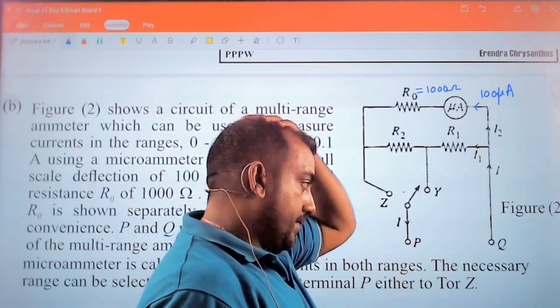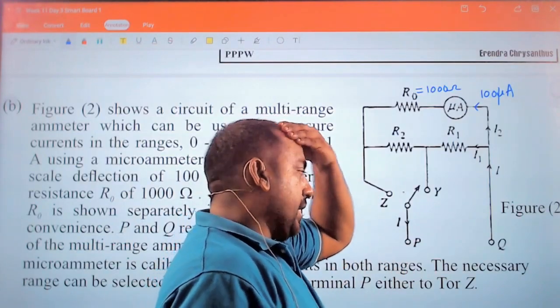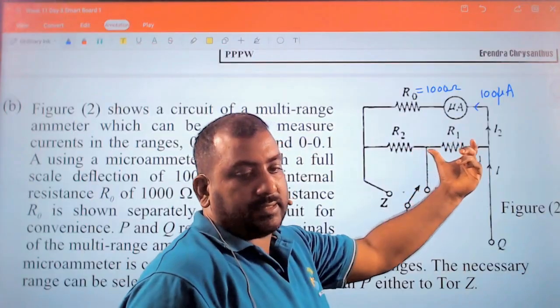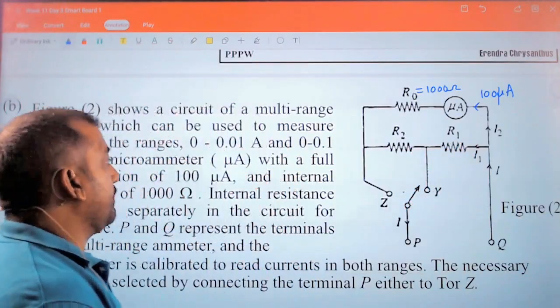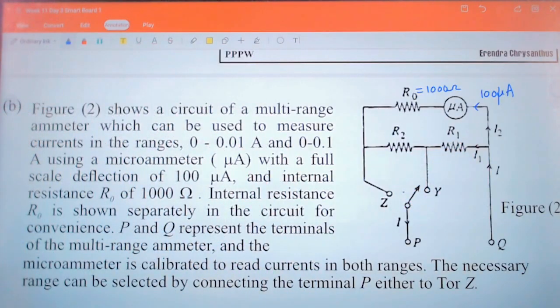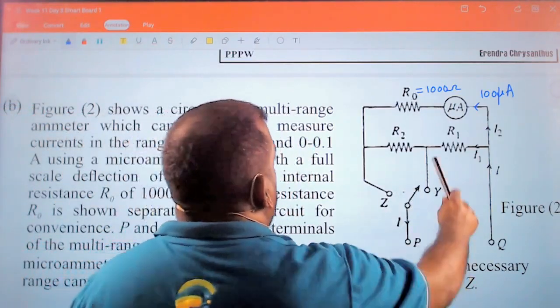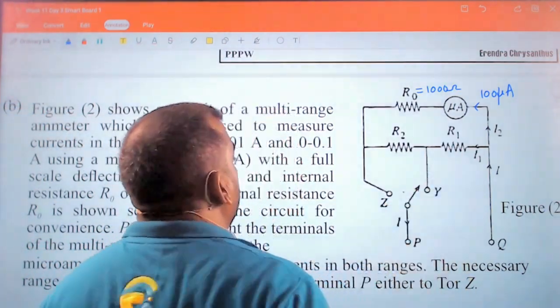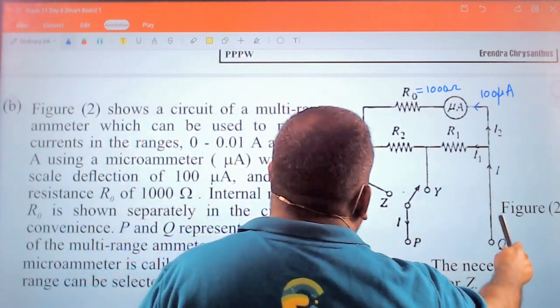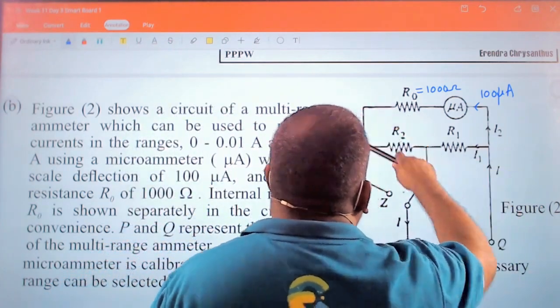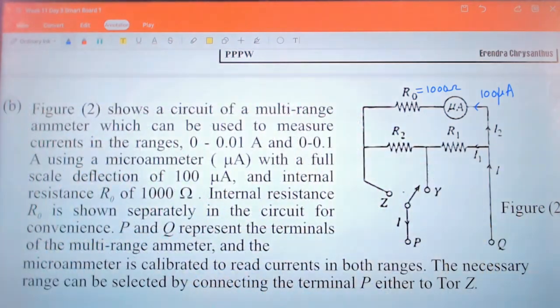Now, you need a larger resistance, and here if you connect it to Z, it will go across R1 and R2. If you connect across Y, current will divide across these two. Right. What are the ranges?